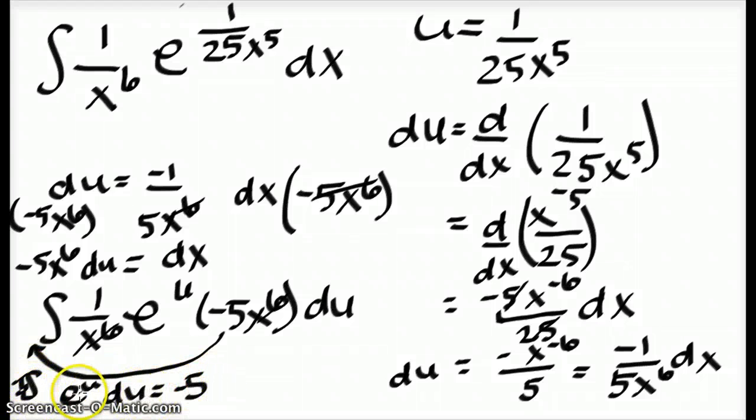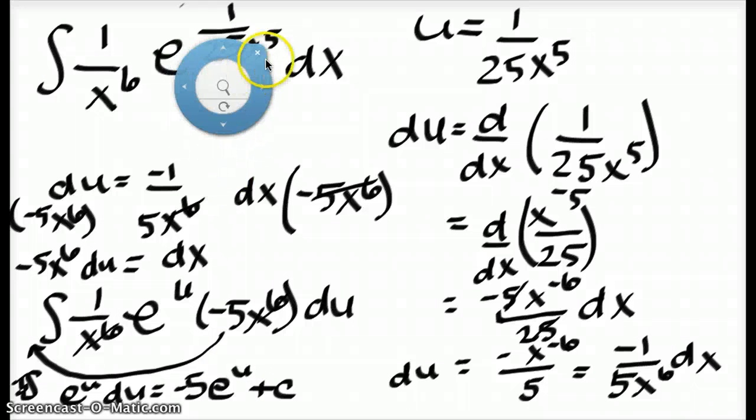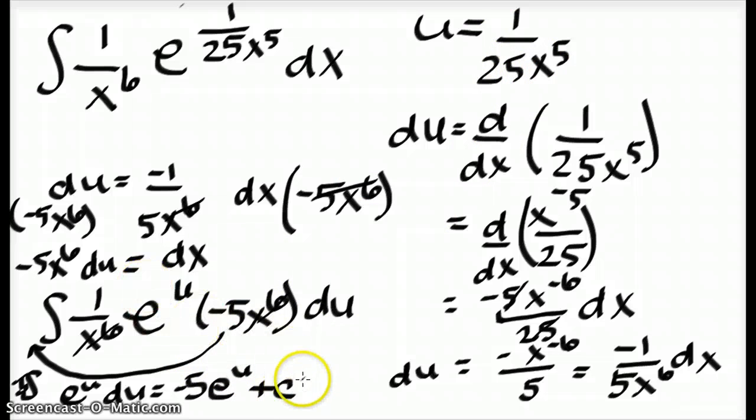So we have negative 5, the integral of e to the u is just going to be e to the u still, and plus c. Your final answer should always be in terms of whatever you were given in the original problem. So see how in the original problem we were given x, but now in our answer we have u. So you want to go back and substitute this back in for u here in your answer, which I'm kind of running out of room.